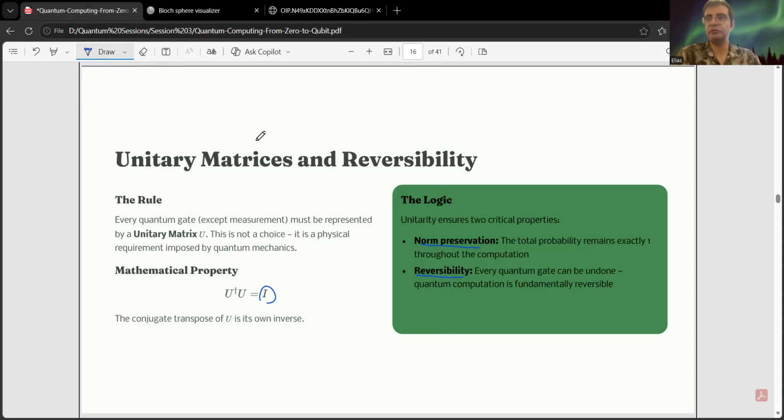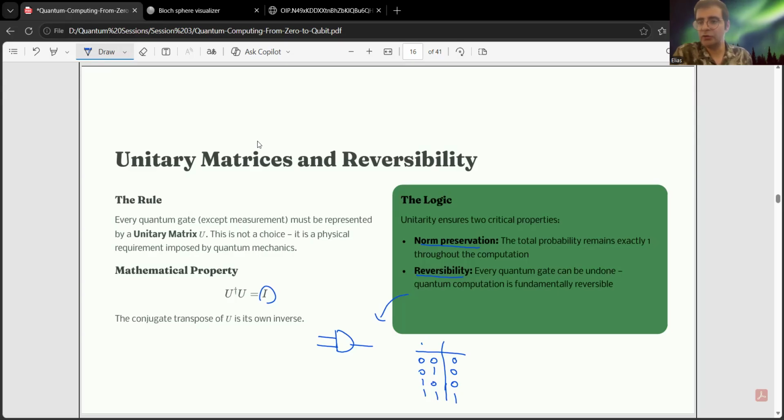Let me make an example. Let's say we have a classical computer AND gate that I discussed in the previous session. This is not reversible. Why? Because if I have these inputs, 0 0, 0 1, 1 0, 1 1, the outputs are going to be 0, 0, 0, 1.